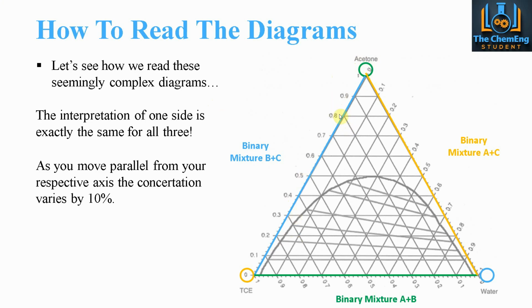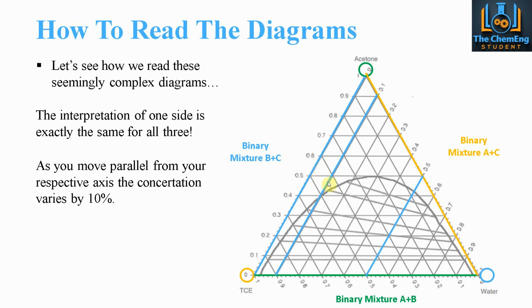So for example, here we have pure TCE, therefore when we start to move from point to point, the concentration begins to vary. So what that means here is that for the water system, we have no water at all here.